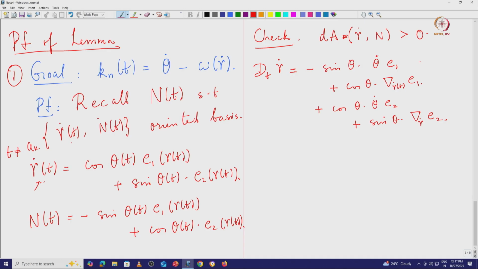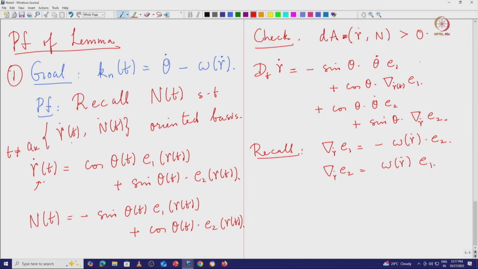Okay. But recall that the covariant derivative of E1 is precisely minus omega of gamma dot times E2, whereas the covariant derivative of E2 is omega of gamma dot times E1.